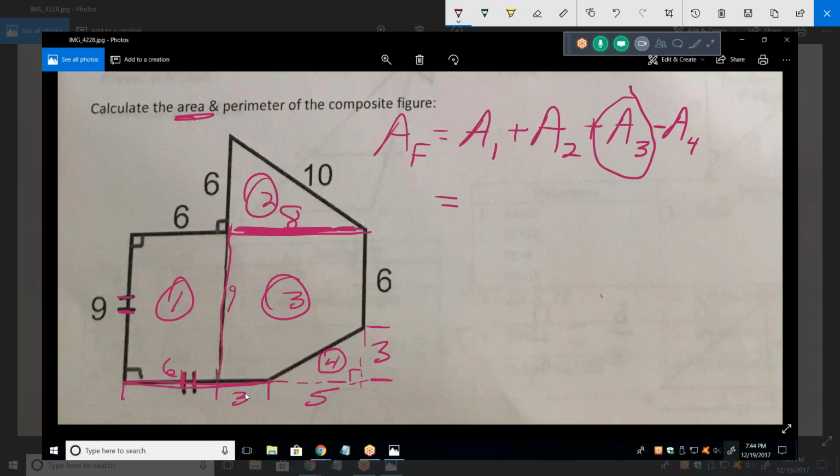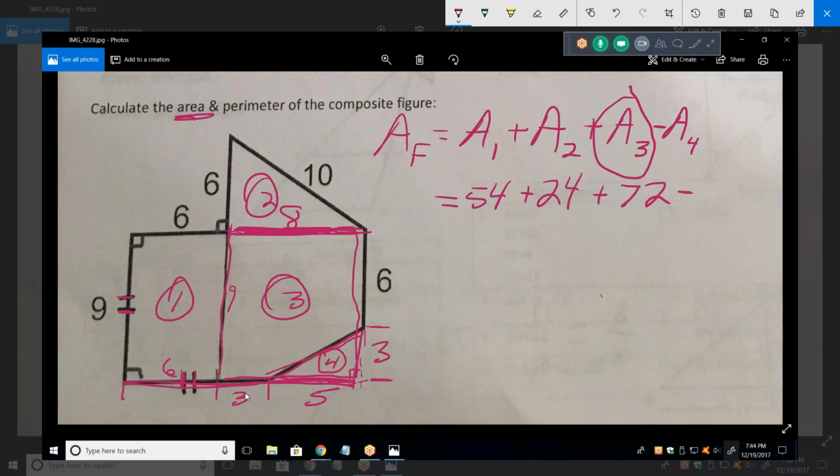What is A sub 1? 54. What is A sub 2? The area of that triangle is 24. What is A sub 3? The area of this is 72. And then finally we're subtracting out the part right there.